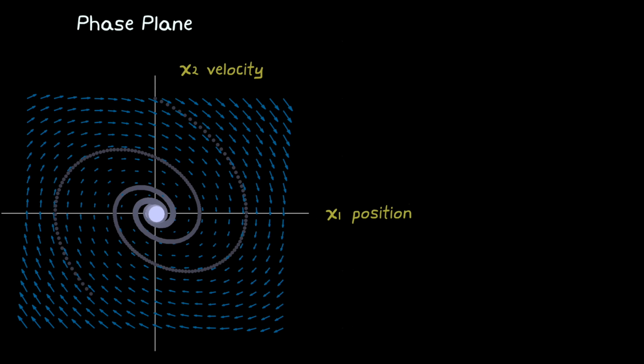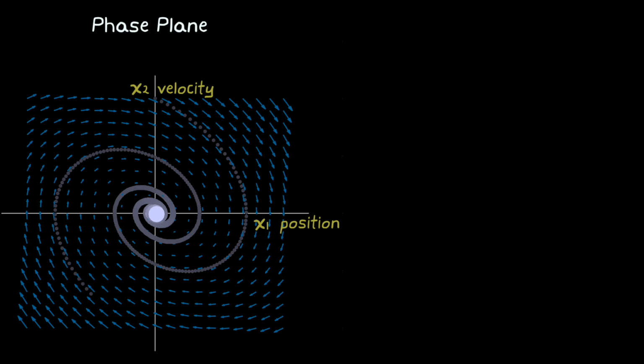But we can also change this by adding a feedback controller. Feedback changes the dynamics of the system and therefore changes the shape of the trajectories, preferably to something that is desired. So with that being said, let's talk about sliding mode control and specifically how it affects the trajectories in a phase plane.